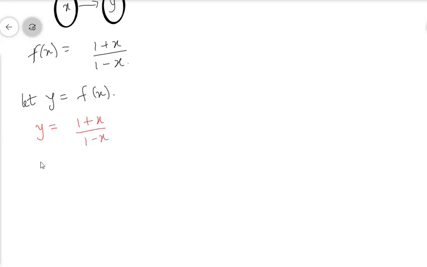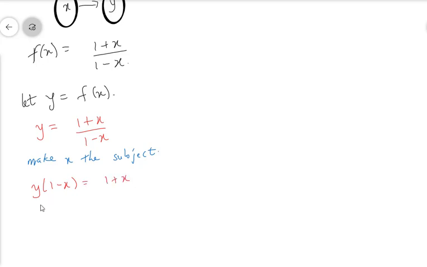At this point, I make x the subject. Making x the subject, I can cross multiply or multiply both sides by 1 minus x. It's the same thing. y times 1 minus x is equal to 1 plus x.